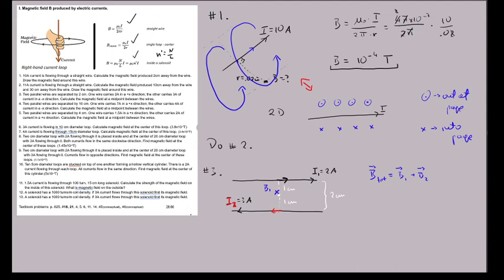Curl the fingers of your right hand and you will see that the magnetic field comes up from under the wire, goes around, and then goes into the page on the top. So the magnetic field due to the bottom wire, B2, also points into the page, which means that they will just add up. So the total magnetic field magnitude is just going to be B1 plus B2.